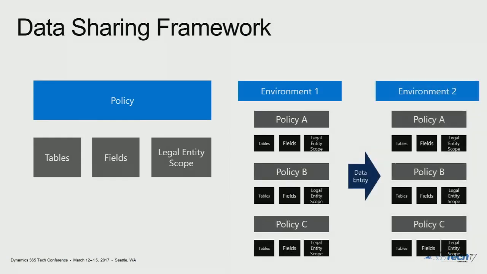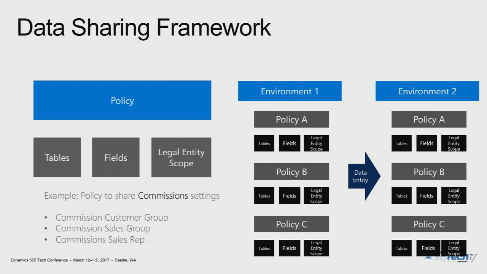In terms of the data sharing framework, the framework is enabled using a policy. Within a policy, you can define tables that you want to share across companies, and within an individual table, you can say that you want these 5 or 6 fields replicated across companies, and then you can decide what companies you want to share this data with.